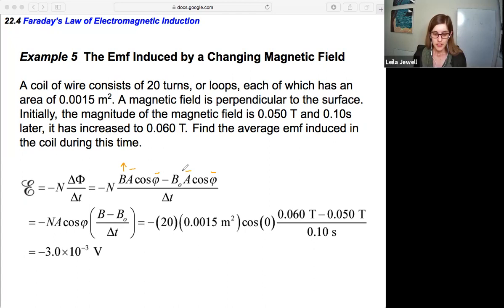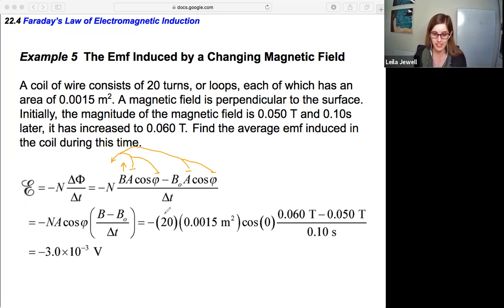Since everything else is the same, we can factor it out, right? Including the cosine, that can come out too. So A cosine phi can come out in front. So we have N times A times cosine of phi times our change in magnetic field all over our change in time. And these are now all variables that we've identified.